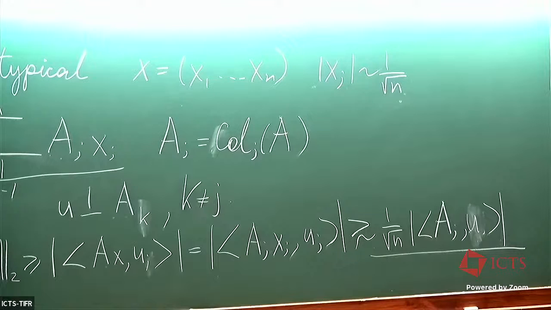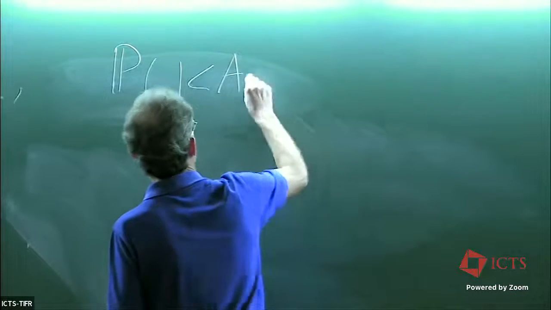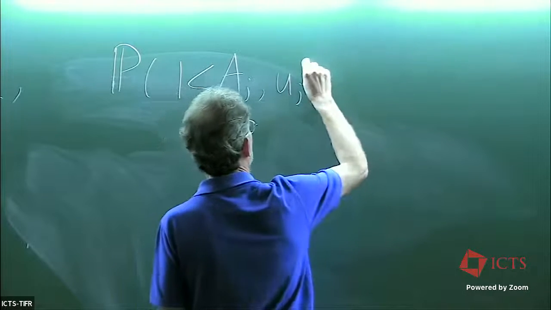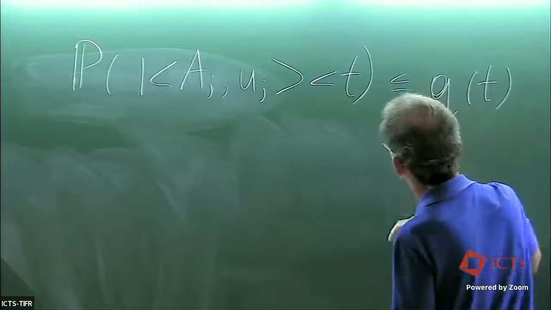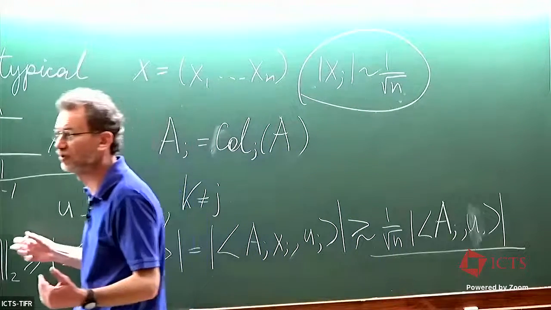So if I know that the probability that the absolute value of the inner product of A_j and u_j is less than t is less than or equal to some function of t, then for all vectors with the jth coordinate about 1 over square root of n, I get a union bound.